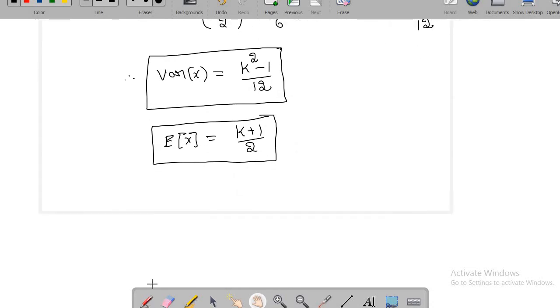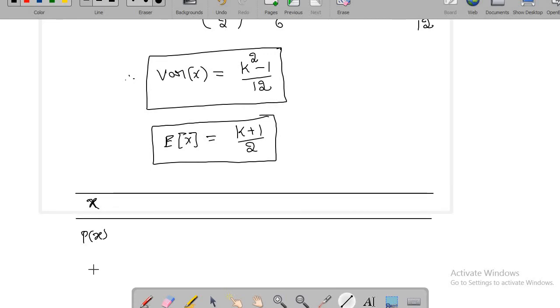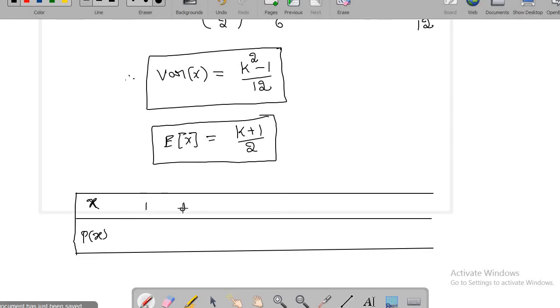For example, suppose I give you a probability distribution like this, x and p(x), taking the values 1, 2, 3, 4, 5, 6, 7, 8, 9. Let me take it up to 9.